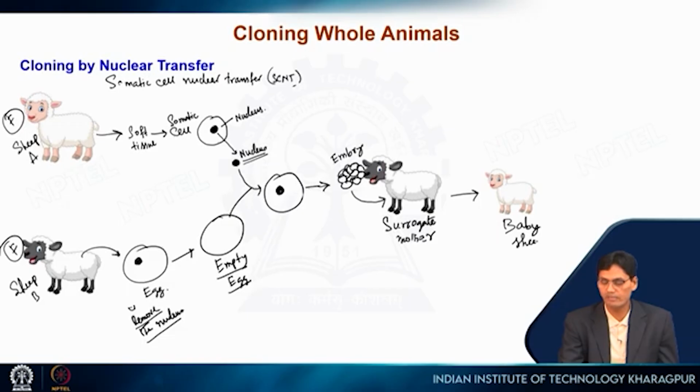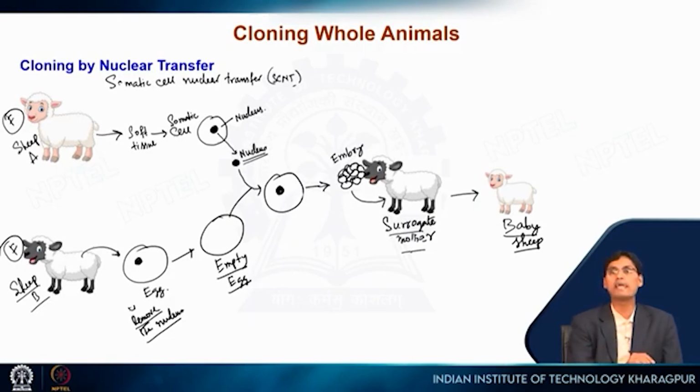Now, if you see this baby sheep, exactly which one does it look like? Neither like sheep B nor like its surrogate mother. The sheep is exactly similar to sheep A. Why? Because the nucleus we have taken is from sheep A.